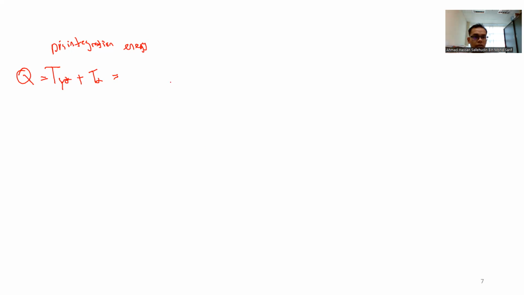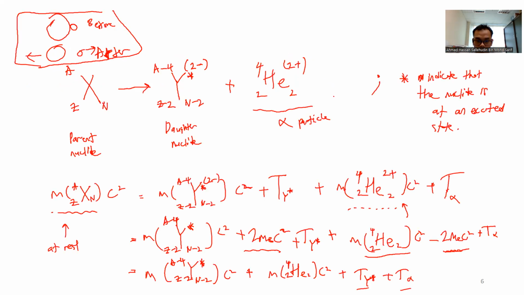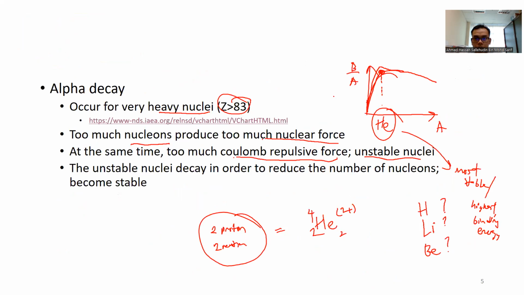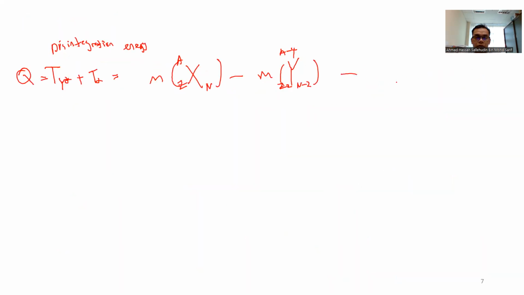So it is the mass energy of the parent nuclide A, Z, N, minus the daughter, A-4, Z-2, N-2, minus helium.